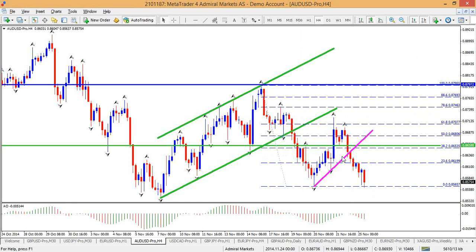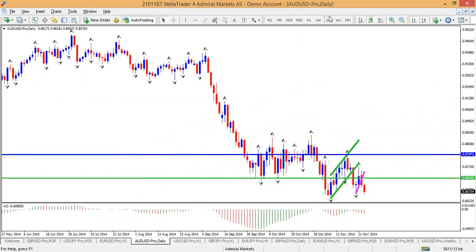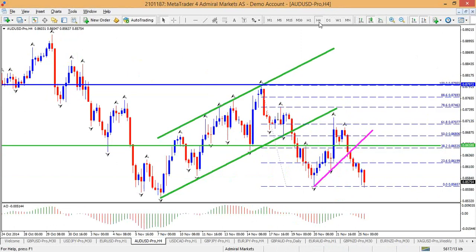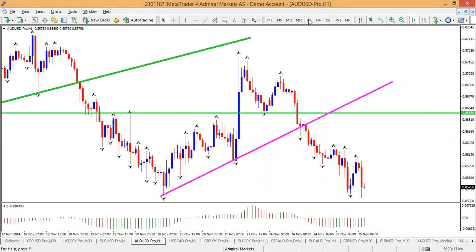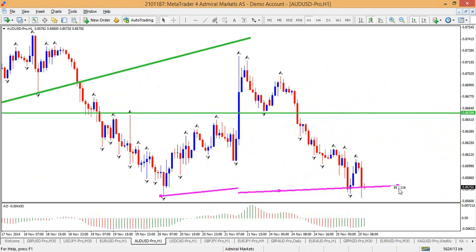Now today, it's not as easy, I think. Obviously, let's see. Yeah, we are close to support. The only trend line left is this horizontal trend line.